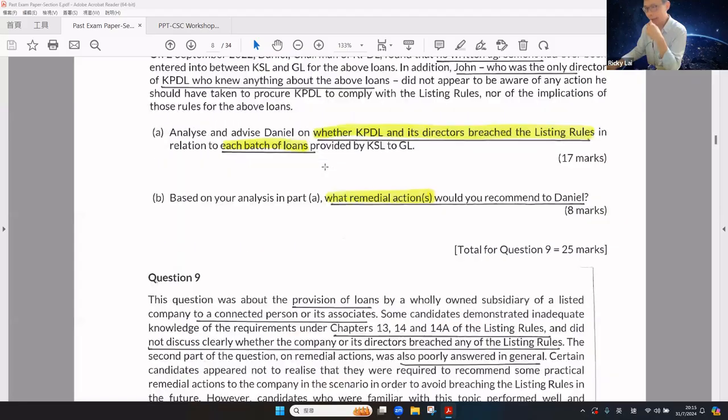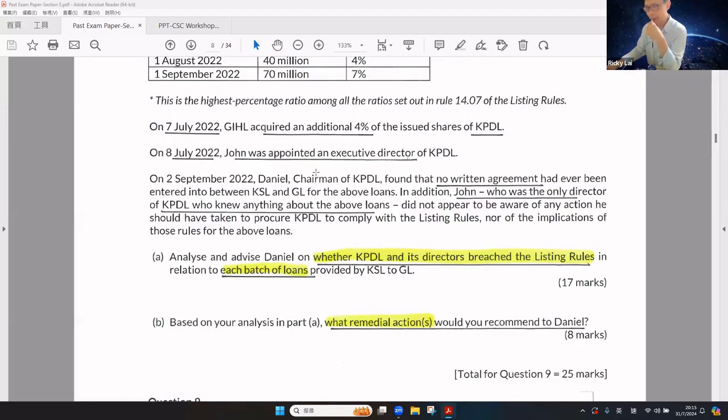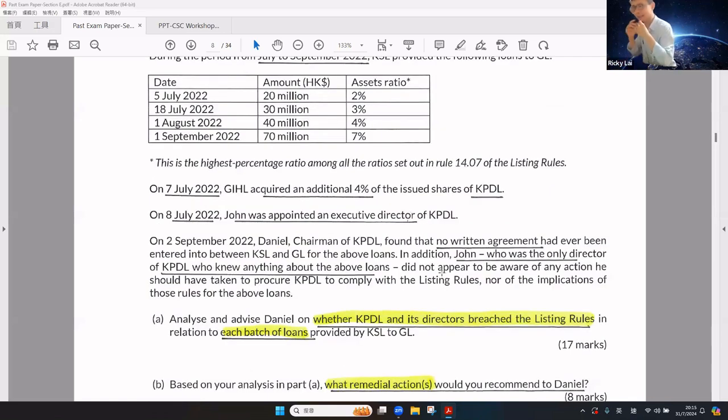Before we look at the scenario, please take a look at the question requirements. Where does the company and this director breach the listing rule in relation to each batch of loan provided by KSL to GL? Okay, before we look at the scenario, at least you should have ideas whether the company is able to comply with the listing rule for each batch of loan.